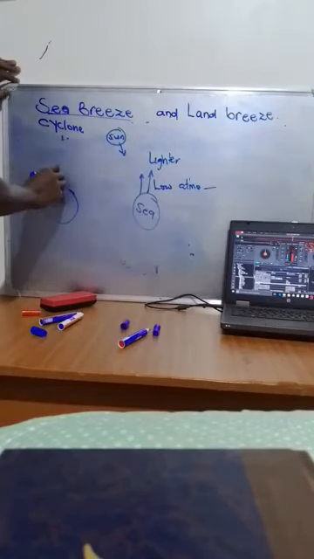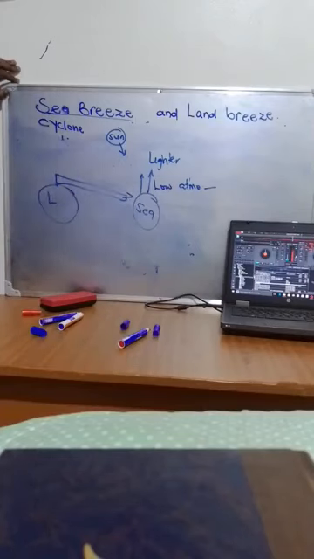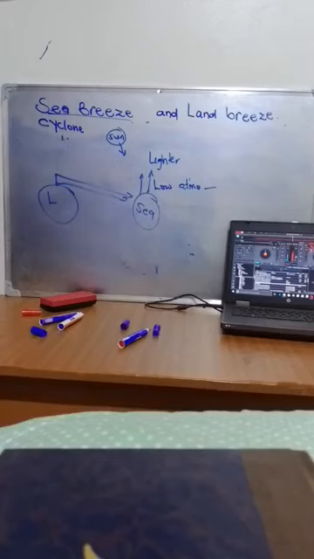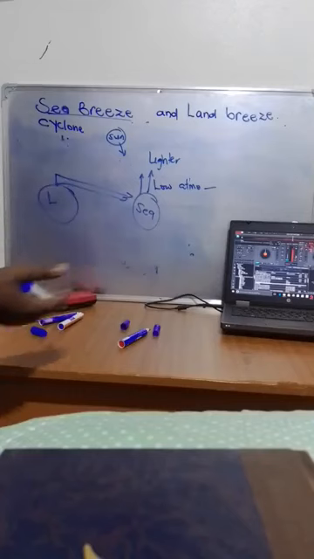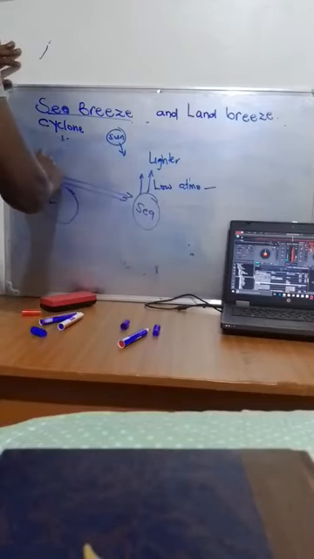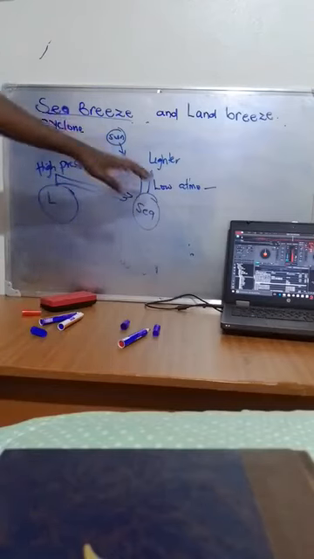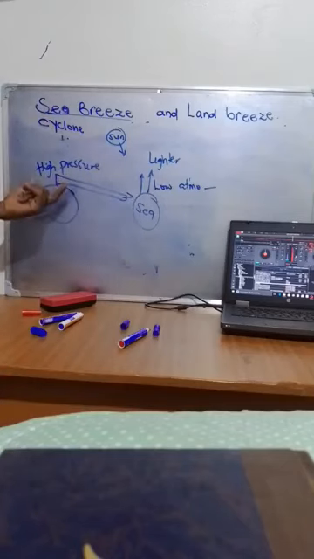Now, air here moves this side to occupy the area with low pressure. Simple science. People will always move from an area of high pressure to low pressure. The same applies to air. Here is high pressure. Here is low pressure. So air is leaving a place with high pressure to occupy the area with low pressure.